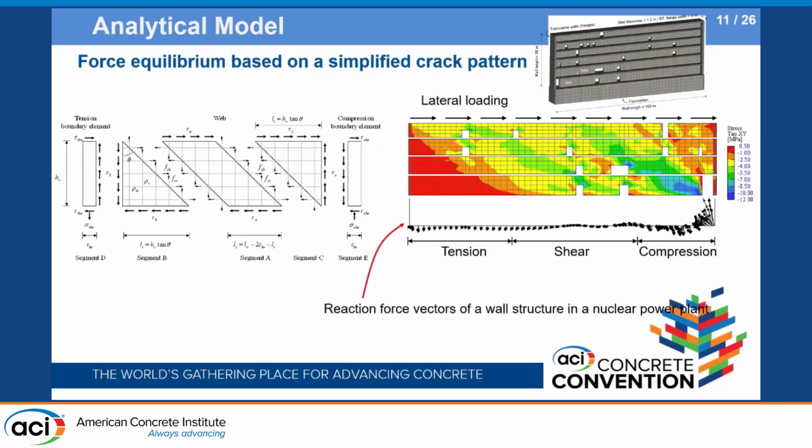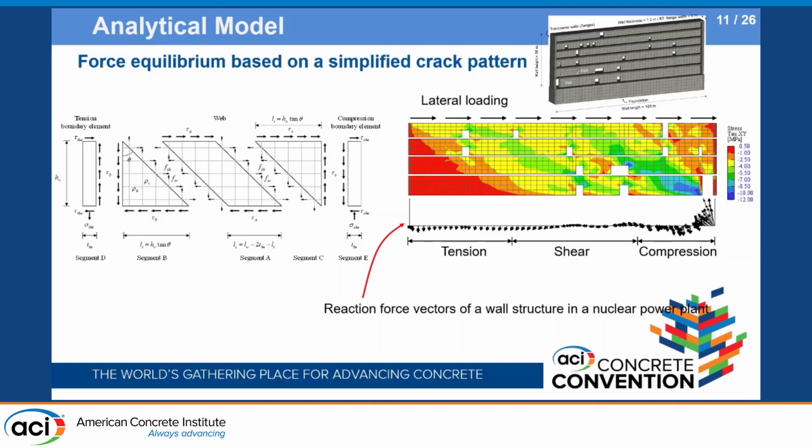Yeah, so this model looks simple, but the right-hand side figure shows a real-scale finite element model for nuclear power plants, and you can see the arrows which indicate the reaction force vectors at the wall.